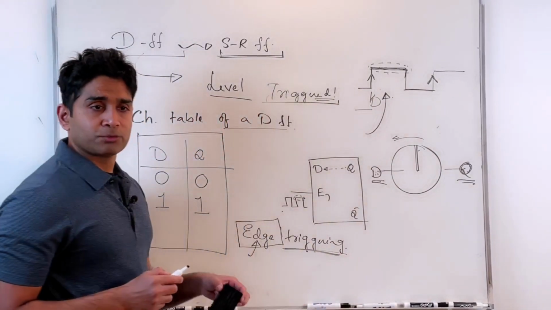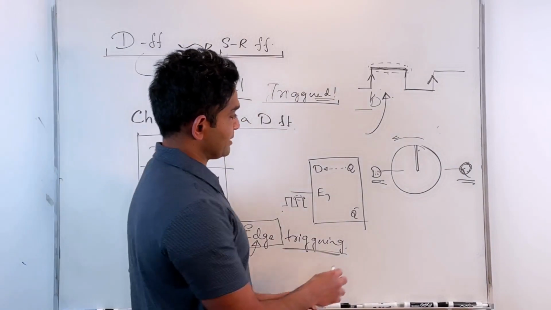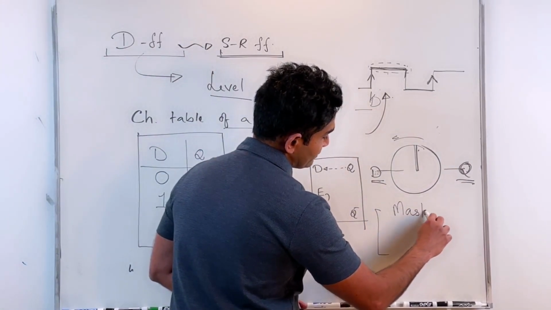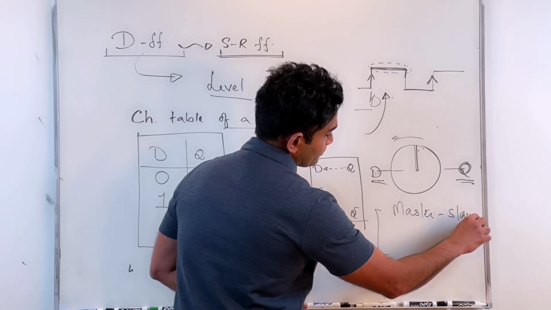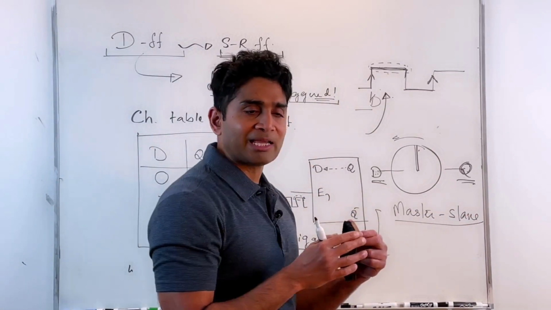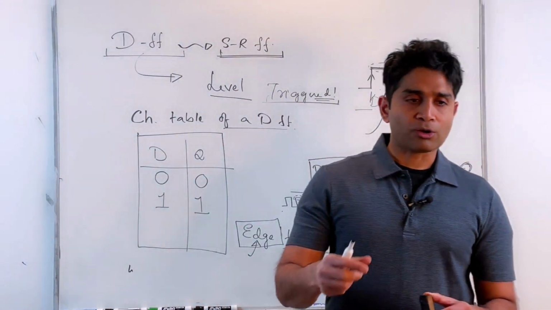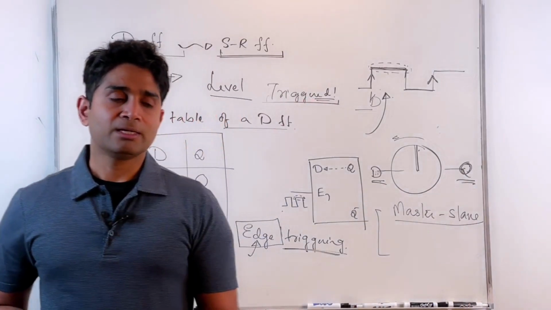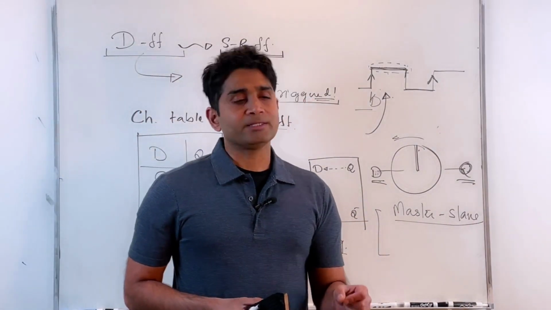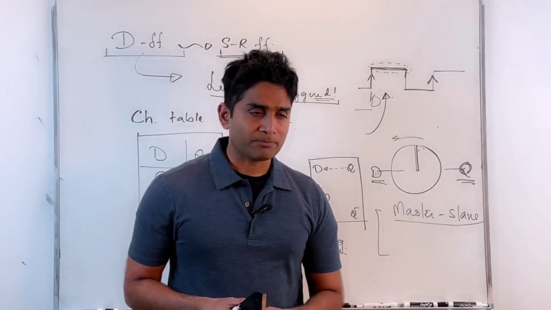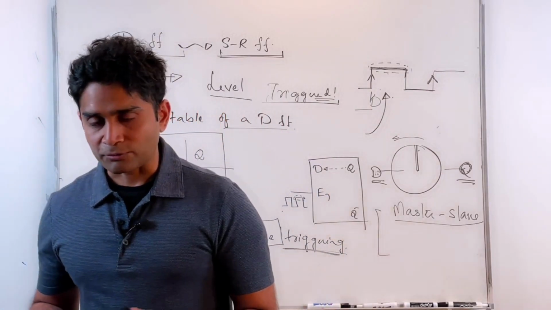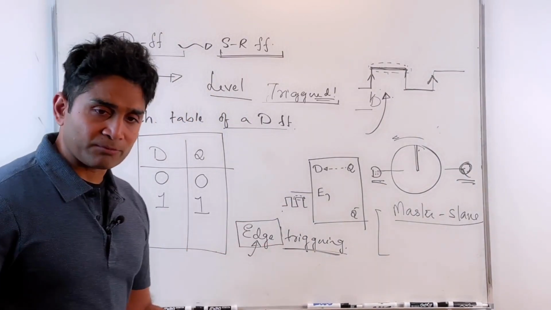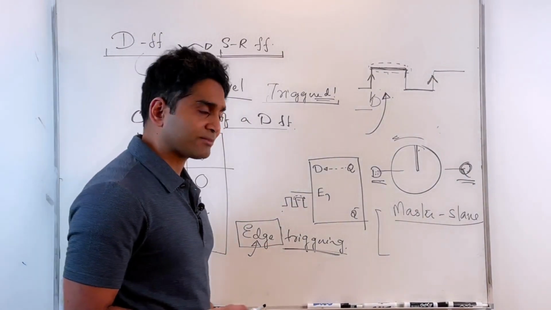How did we derive that circuit? So basically we looked at the master-slave configuration, where one D flip-flop drives the other D flip-flop, and the clocks are inverted. The clock from the master is inverted and applied as a clock to the slave flip-flop, and that gives us the master-slave configuration. And we observed the behavior of that through the aid of a timing diagram in the last class.